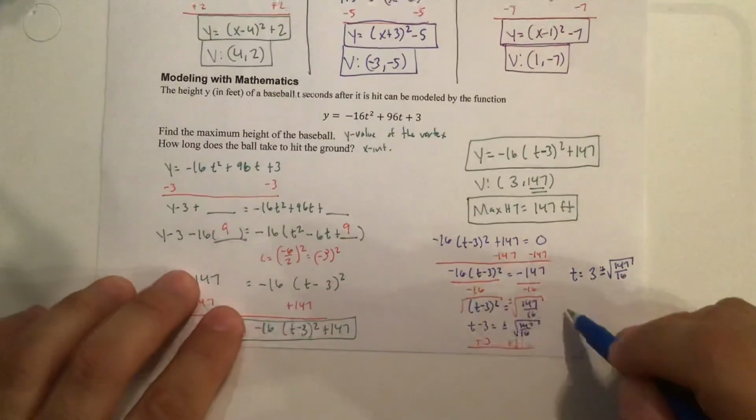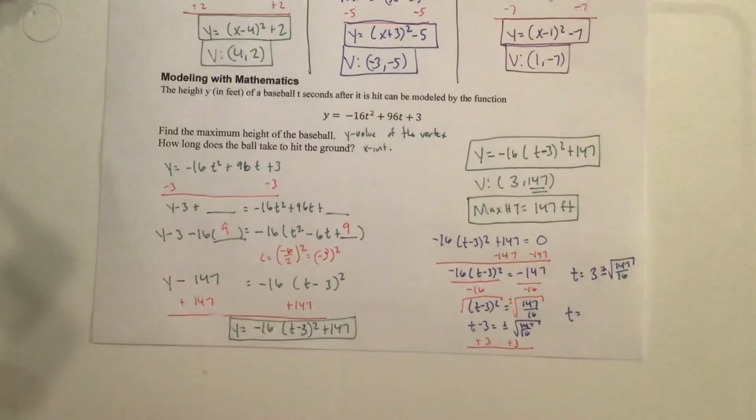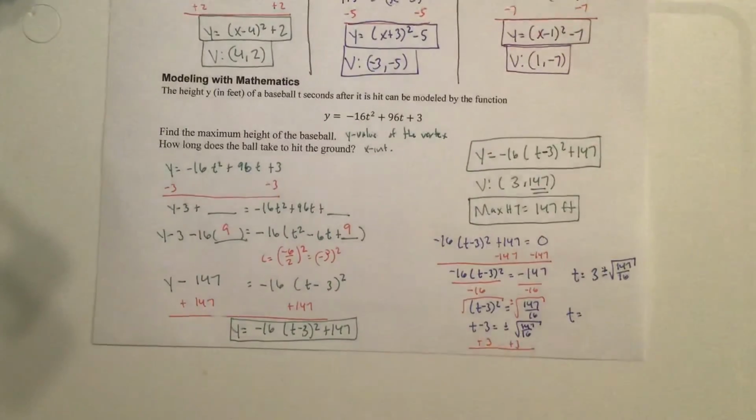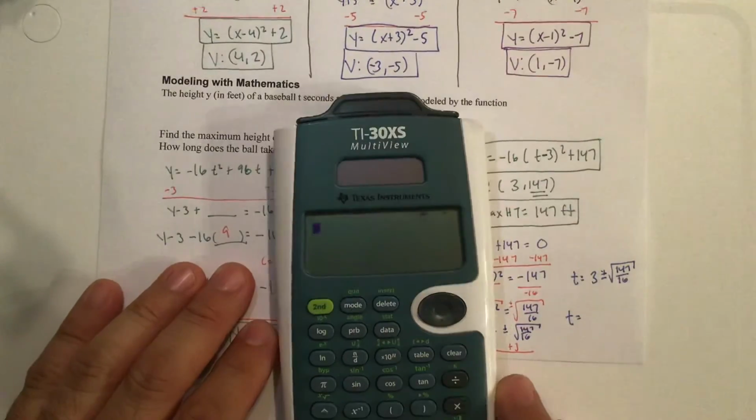All right, now we only have one answer here. So let me get a scientific calculator so I can just work this out real quick. Okay, so to solve this, I'm just going to put in my calculator.